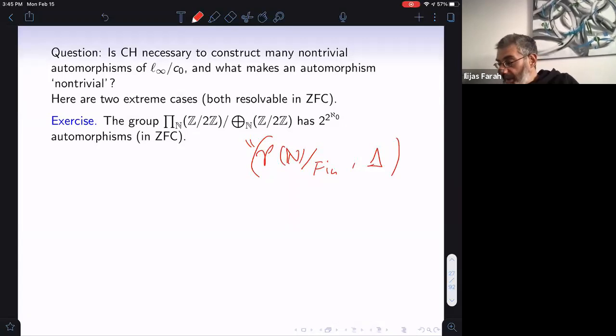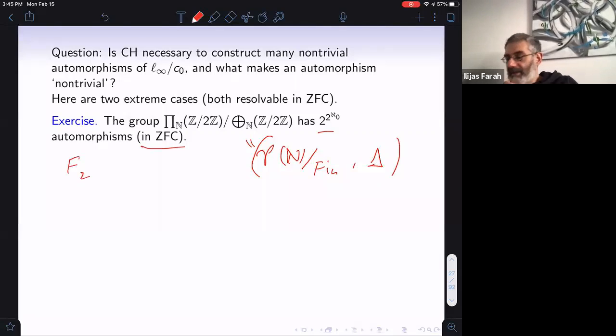That group has 2 to the continuum many automorphisms in ZFC. So the analog of Rudin's result here is true in ZFC. If you just forget about some of the Boolean algebra structure, just keep the symmetric difference, you get this. Now, I called it an exercise, but I should probably tell you what is going on. Just look at F2, the 2-element field.